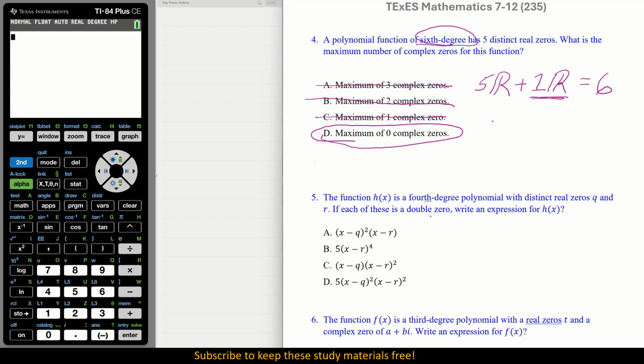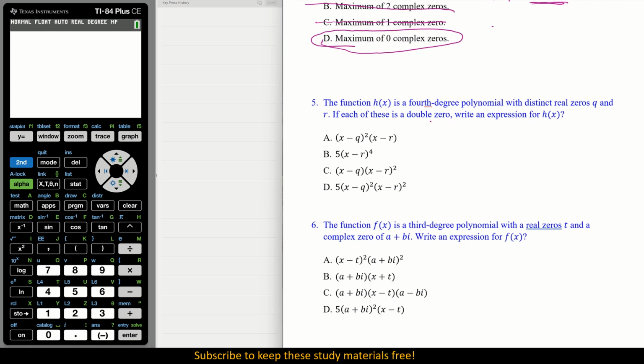Okay, so let's look at number 5. The function h of x is a fourth degree polynomial with distinct zeros u and r. If each of these is a double zero, write an expression for h of x.